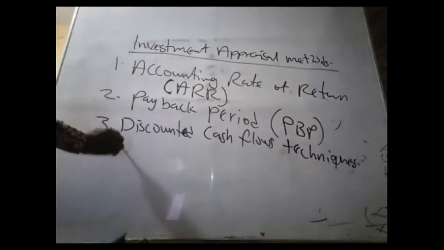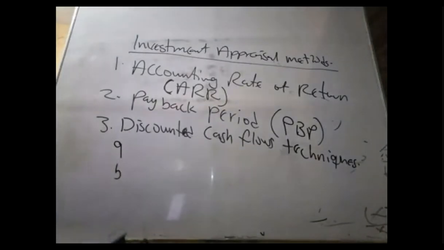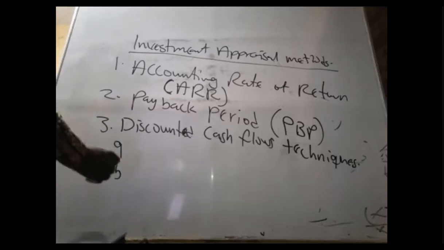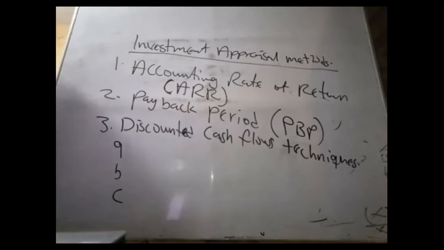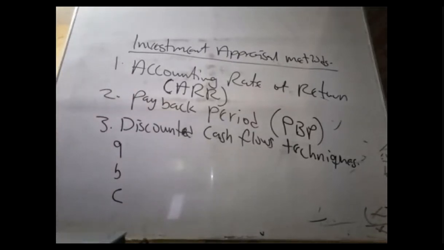Now over here, we'll talk about a few, even though there are many. We talk about only three of the discounted cash flow techniques. That's what we'll talk about, and kindly take notes of them.